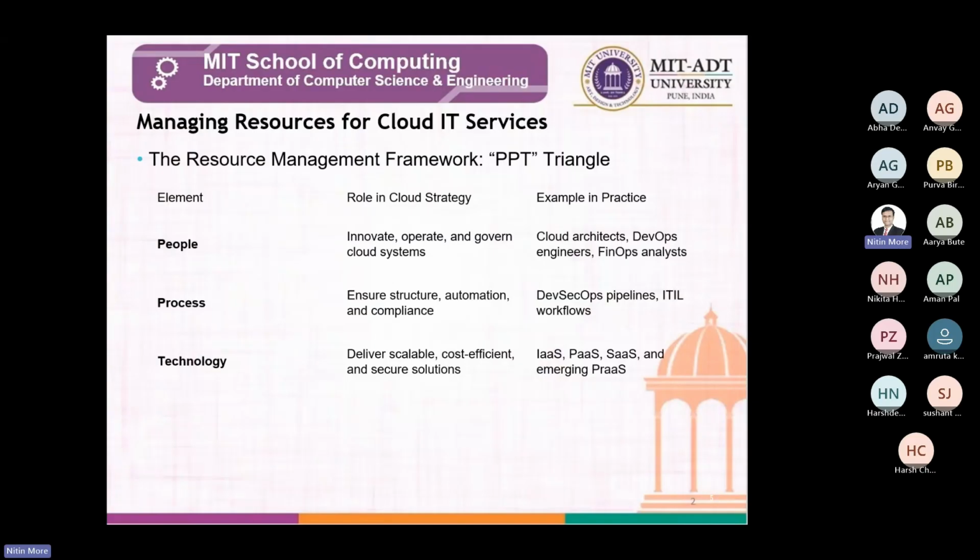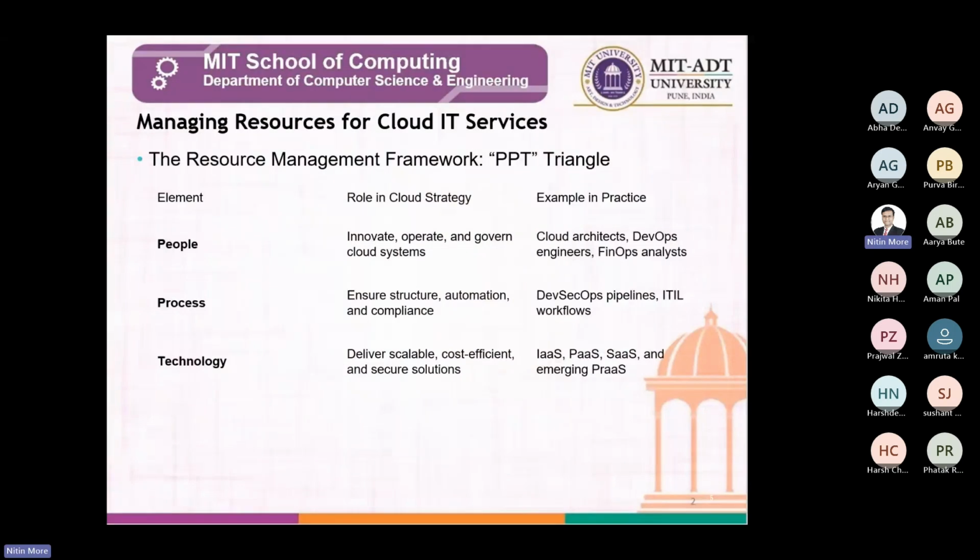It is realized only when the three core resources are managed effectively. That is people, process, technology, and that is going to generate the overall cloud computing value. So the realization of benefit you will get to know from these three important aspects.